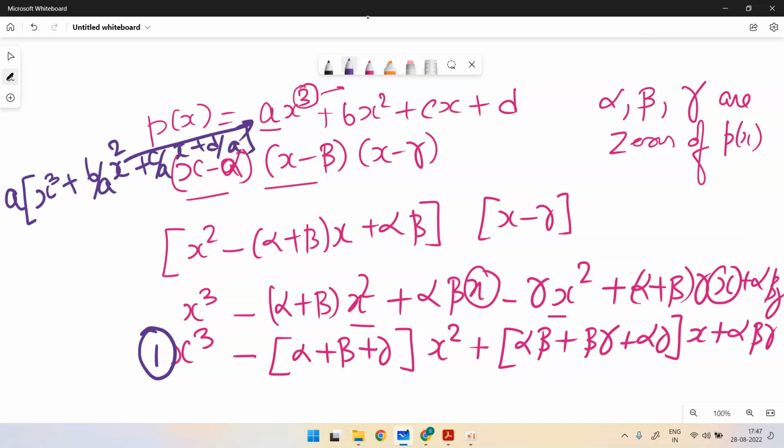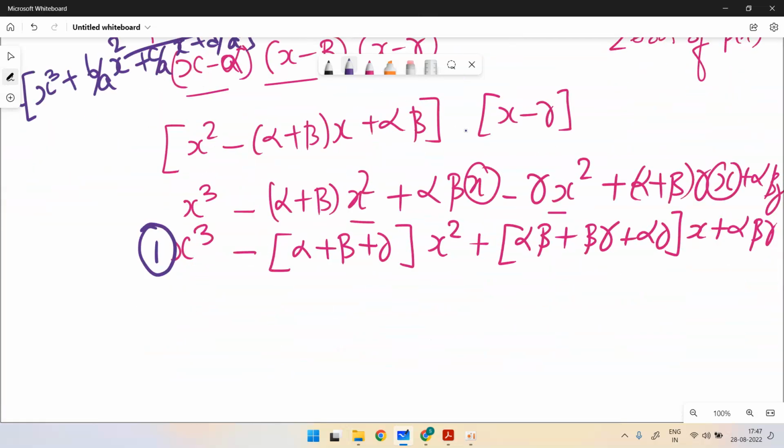Now compare these two, coefficient 1 and 1. The sum of zeros, alpha plus beta plus gamma, with the minus sign, is equal to b by a, so minus b by a.